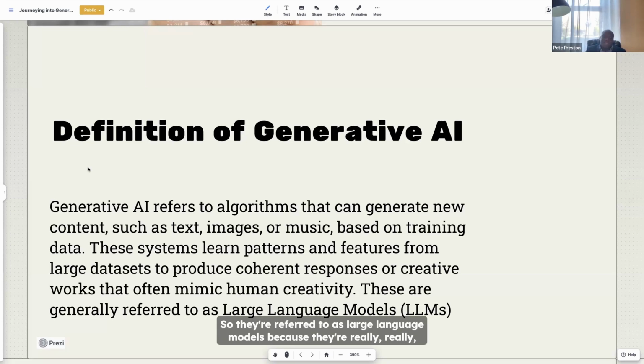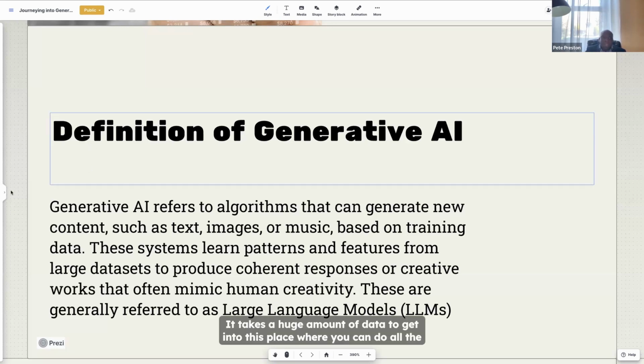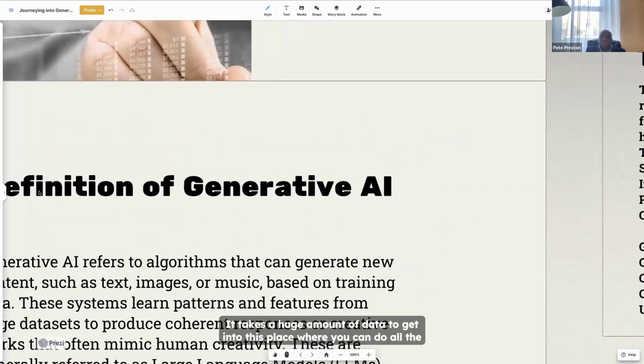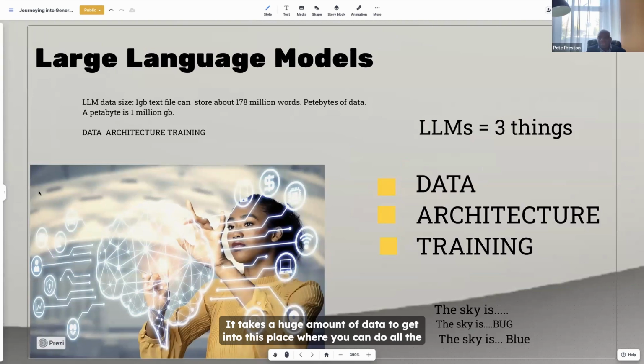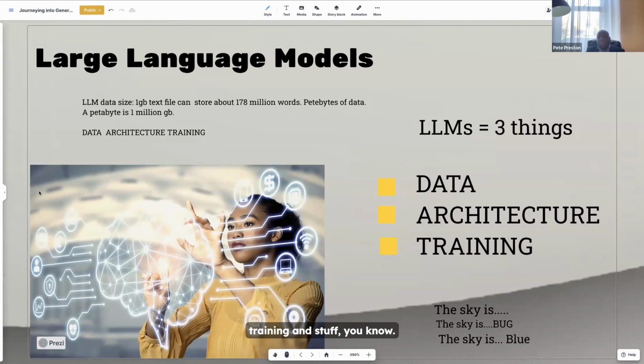They're referred to as large language models because they're really, really large. It takes a huge amount of data to get to this place where you can do all the training.